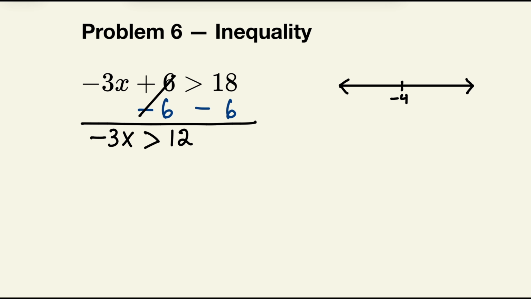Since we're multiplying by negative 3, we can undo multiplication by dividing by -3 on both sides, -3 on the left and on the right. The -3's cancel out, and we have x is less than -4.